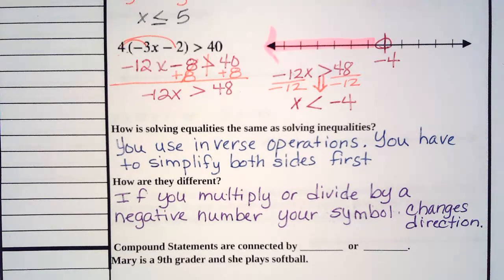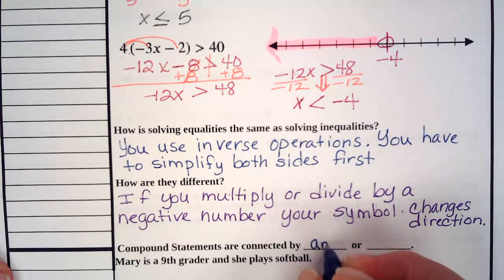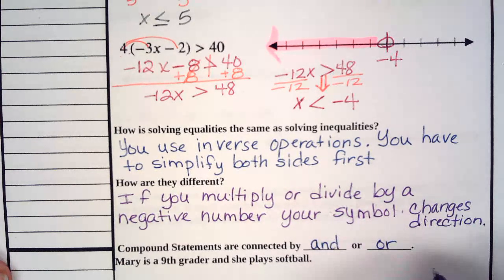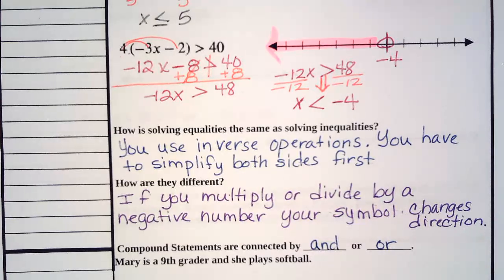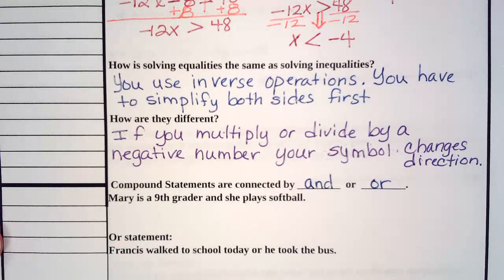If you're thinking about compounding something, you're adding to it. So, compound statements are inequalities that are connected by and, or. Now let's look at some examples of some you might actually see.